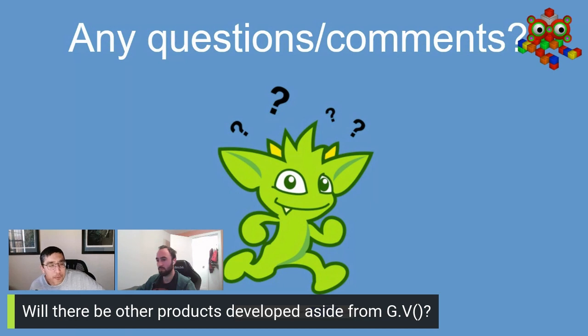Here's another: will there be any other products developed aside from G.V coming from G.V? Yeah, good question. So at the moment, there's no immediate plans to make any other product. There's something about G.V that's perhaps a little bit different, which is it's developed as a software executable. It's something you have to install on your machine.